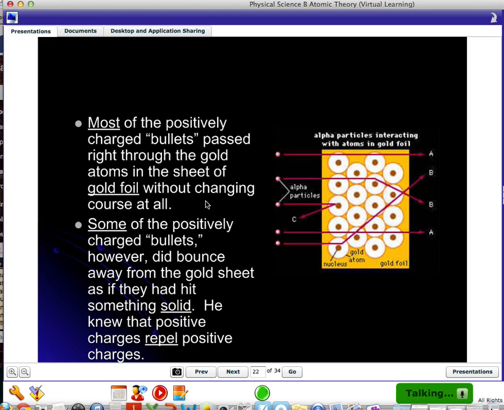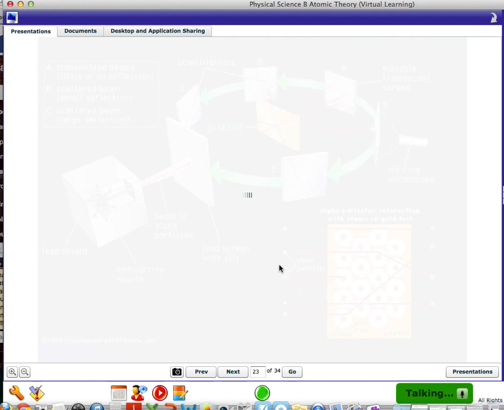Because positive repels positive, he was able to determine that atoms were mostly empty space, and that the positively charged center of an atom takes up only a very small piece of that atom. That's where those charged particles ended up hitting: the center of an atom.